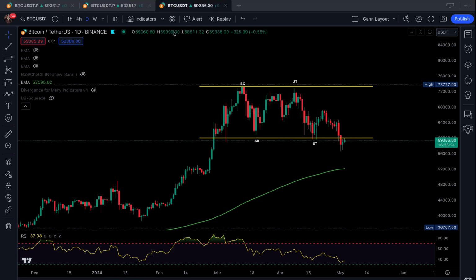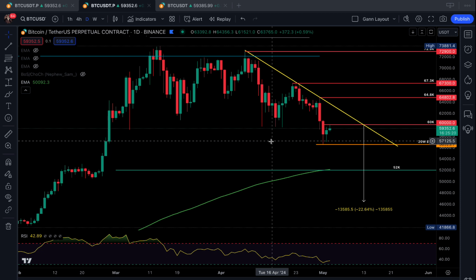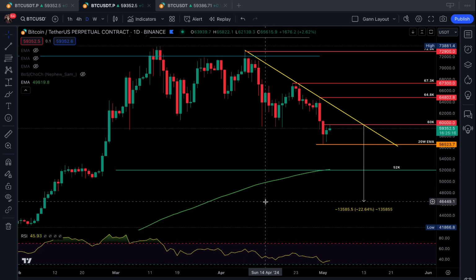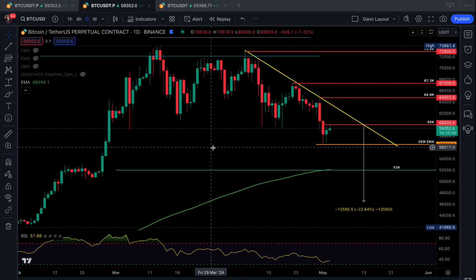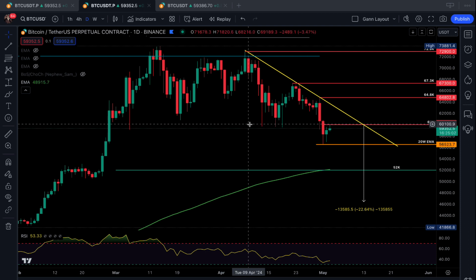Okay? Now, if this is a distribution, it's also possible because we discussed this descending triangle, and this descending triangle has a technical target of 46.5, let's say 48. Is it possible? Yes. But at the moment, we are at a decision point.